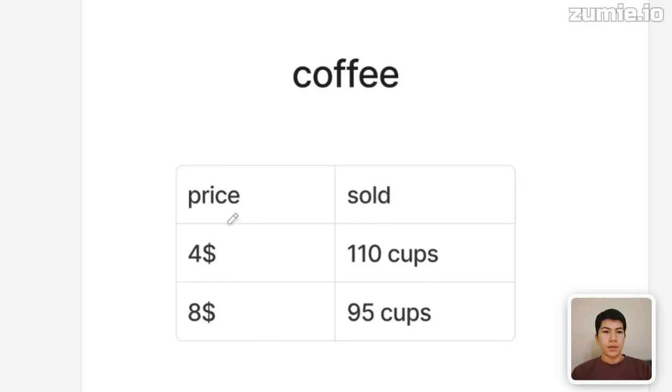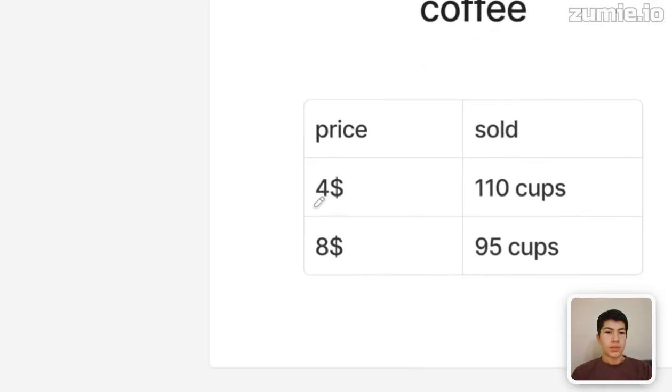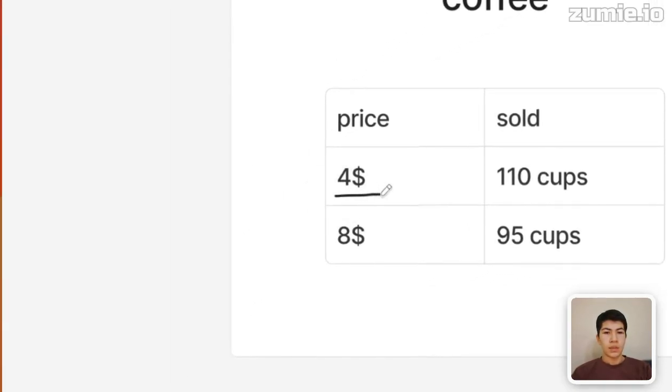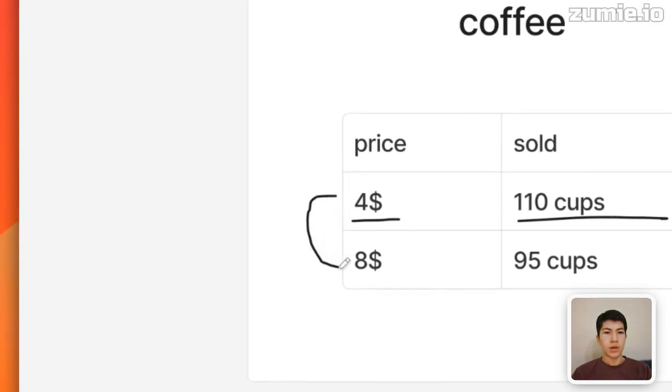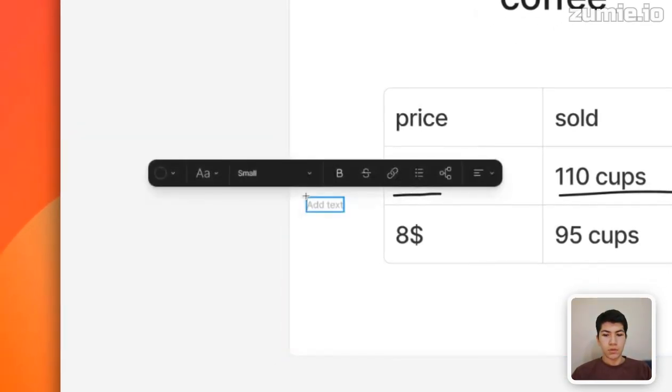When the price is $4, it used to sell 110 cups of coffee. And when the price changed to $8, we can see that there was a difference of 100%.